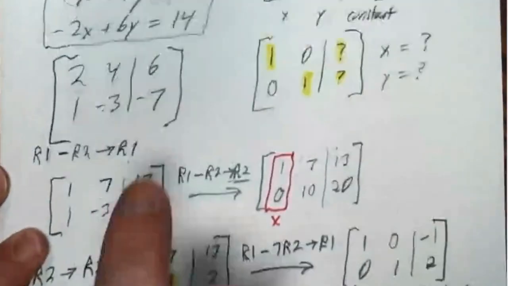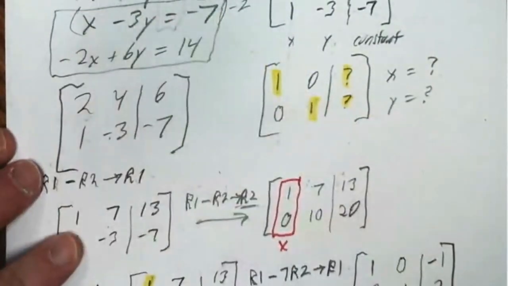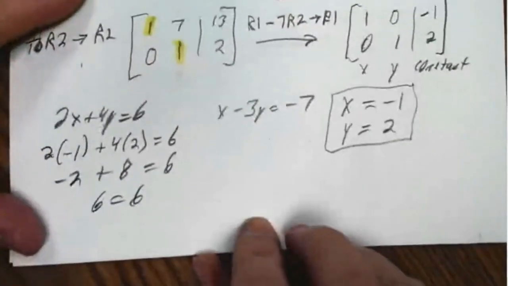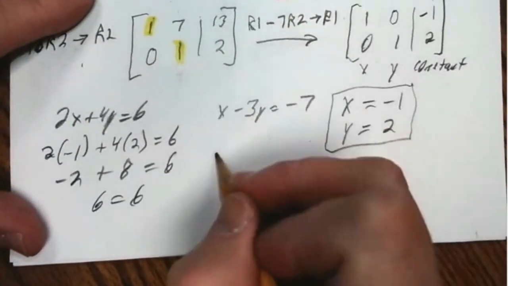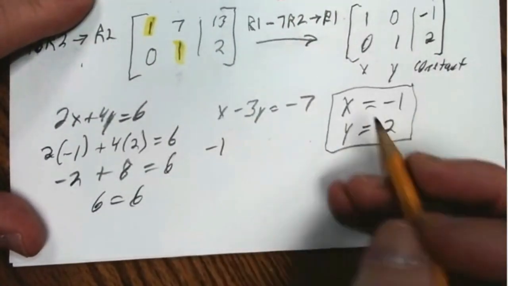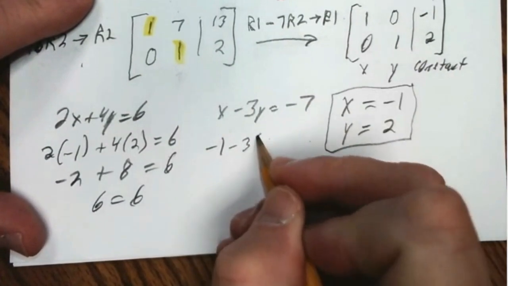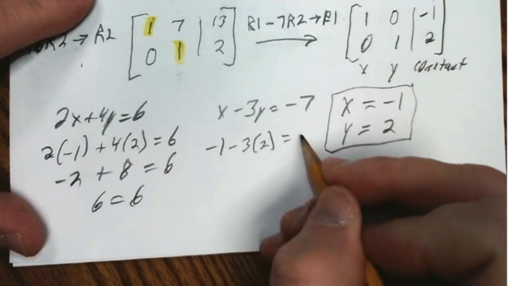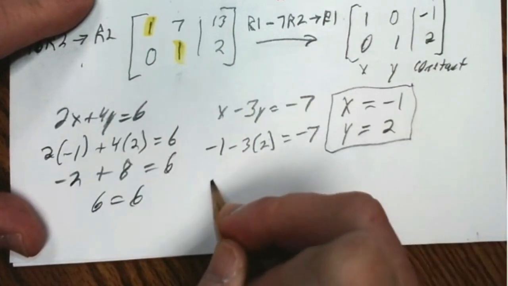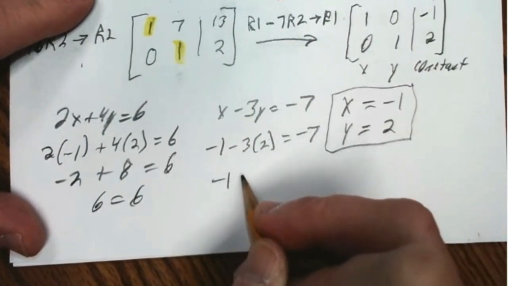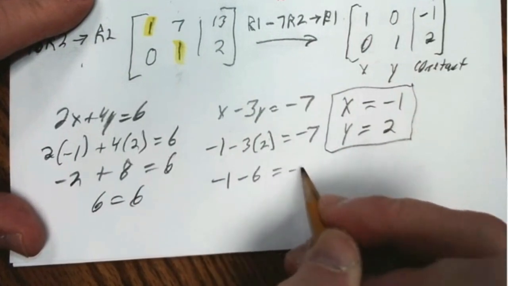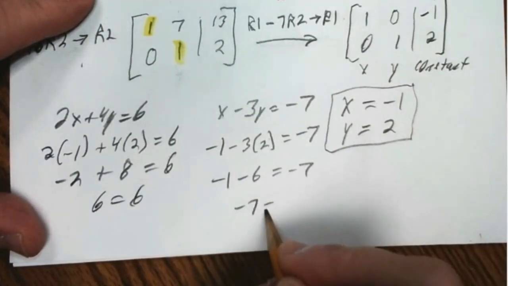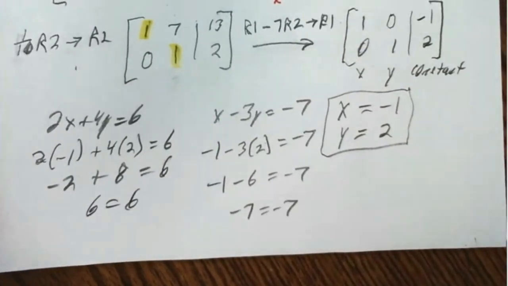So that works for the first equation. What about the second one? x minus 3y equals negative 7. If x is negative 1, minus 3 times 2, because y is 2, does that equal negative 7? Negative 1 minus 6 is negative 7. So yes, this is the solution.